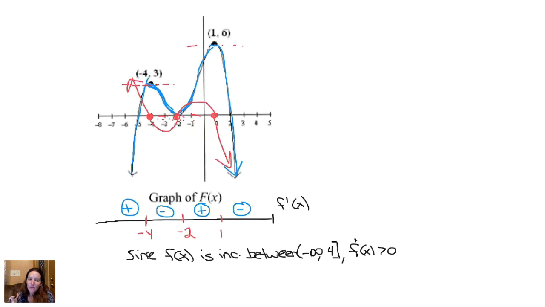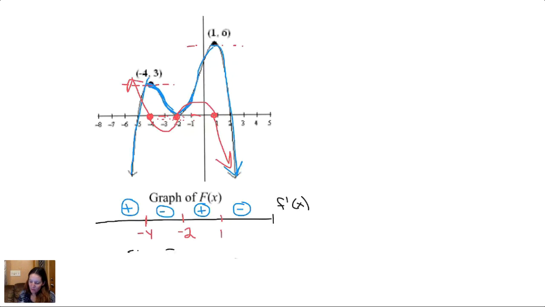We can do the same thing for the second derivative. We have less information about the second derivative because our first derivative sketch is kind of iffy, but we can estimate and get a general idea of our second derivative. I'm just going to erase this for a second so I have more room. So let's talk about second derivative.